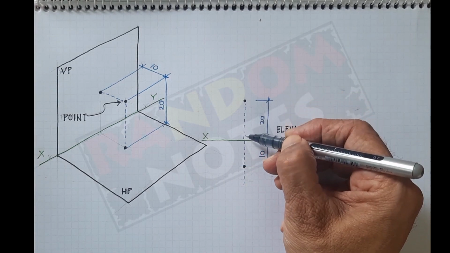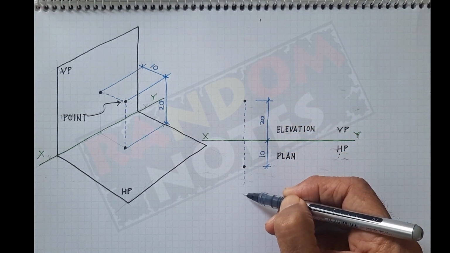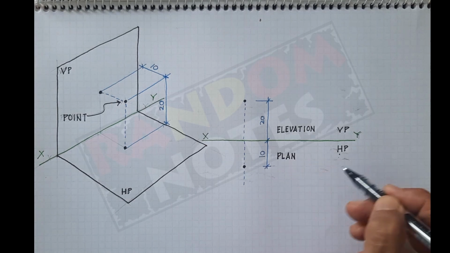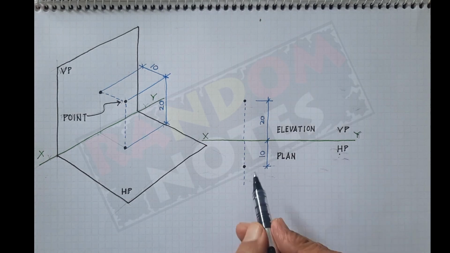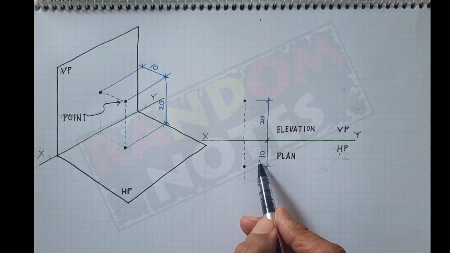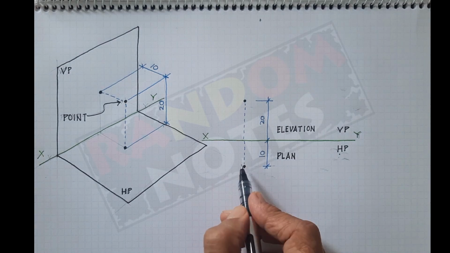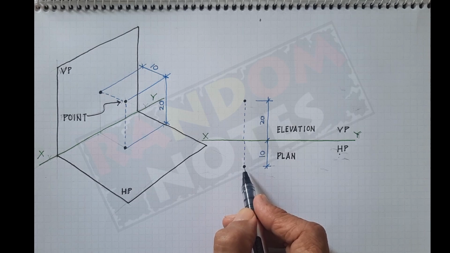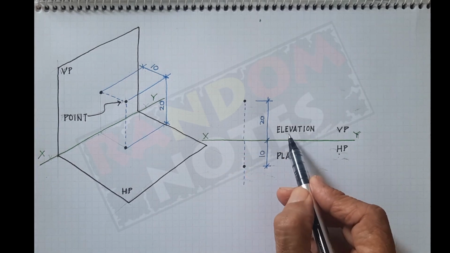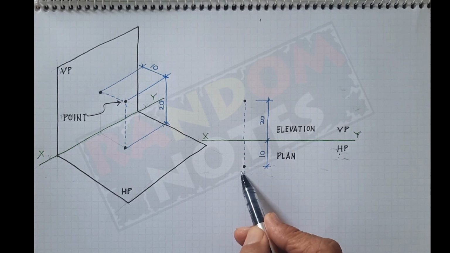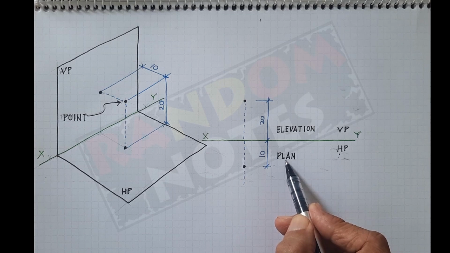I brought down the projectors and crossed them below into the horizontal plane. On this line I took 10 mm and cut it with my parallel bar and I made this point. So this is the elevation of the point. This is the plan of the point.